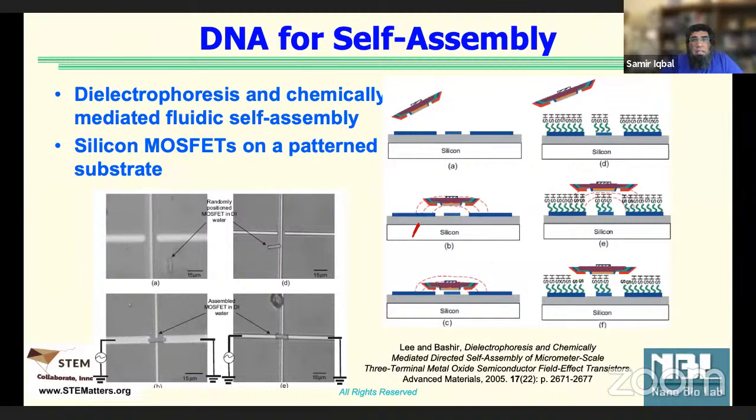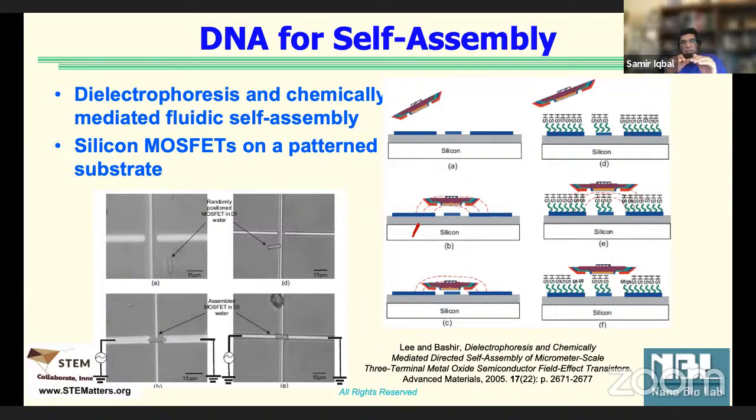Another thing which we use here is dielectrophoresis. Dielectrophoresis is a phenomenon where a force is exerted on a charged body, or especially a dielectric particle, where dielectric means you can have shifting of charges, and that force comes from the different voltage.